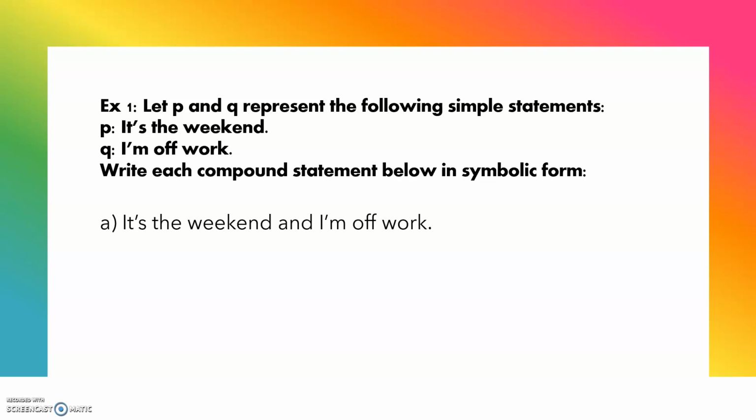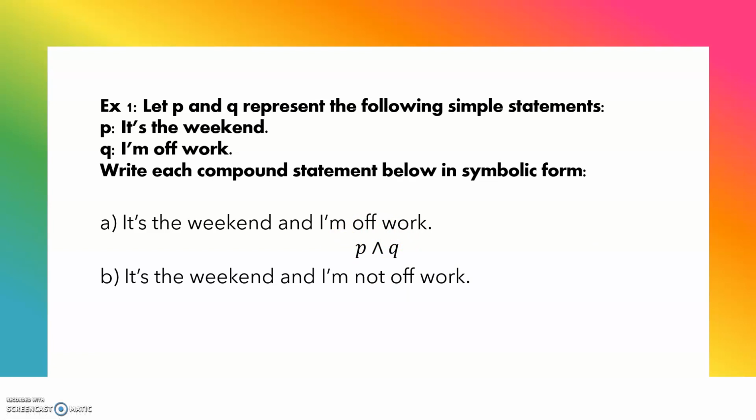It's the weekend is P, and is that upside down V, and I'm off work is Q. So in symbols, that would be P and Q, because P represents it's the weekend, and Q represents I'm off work.